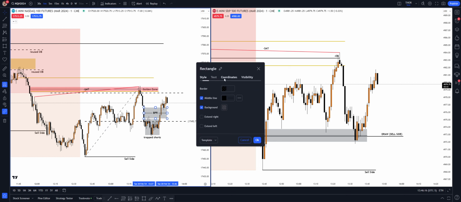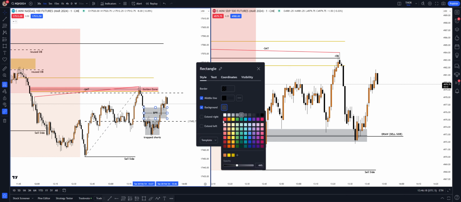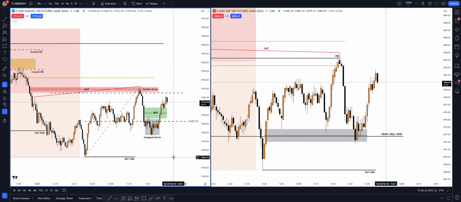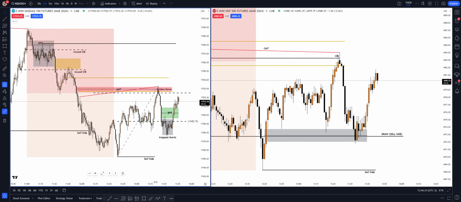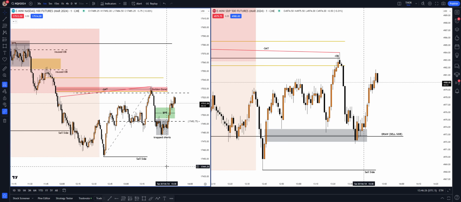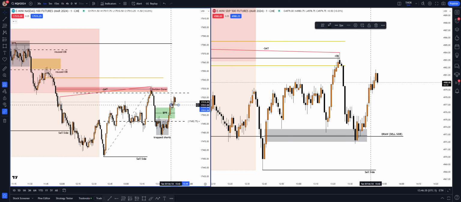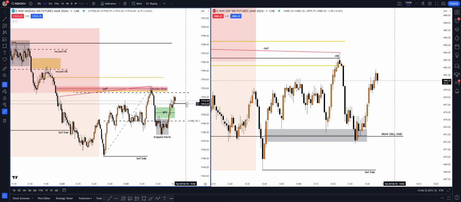Let me change the color. Oh, there's an order block here, which should support the price.